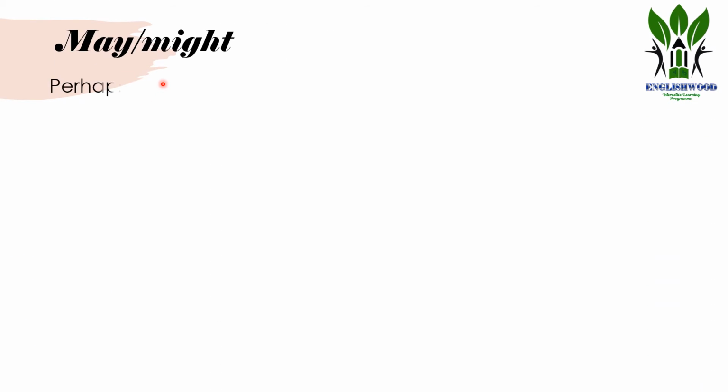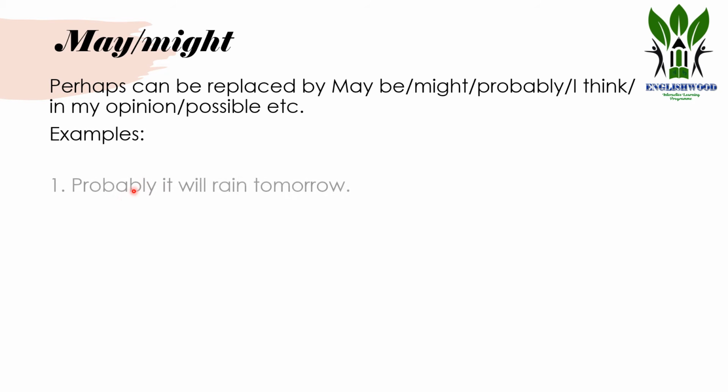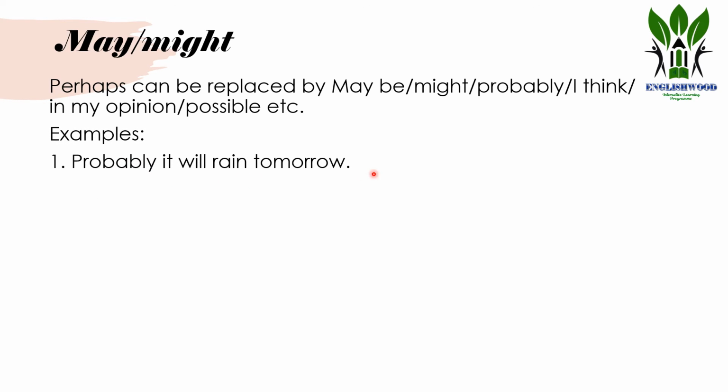So may and might. Also the word perhaps can be replaced by maybe, might be, probably, I think, in my opinion, possible, possibly, etc. For example, probably it will rain tomorrow means it might rain tomorrow. Alright, probably.